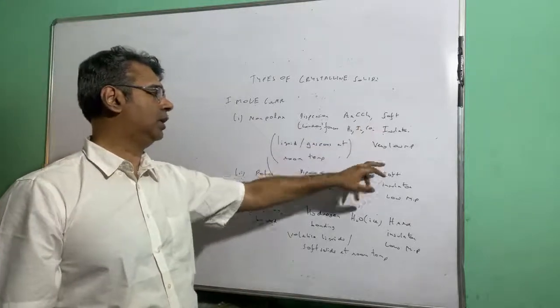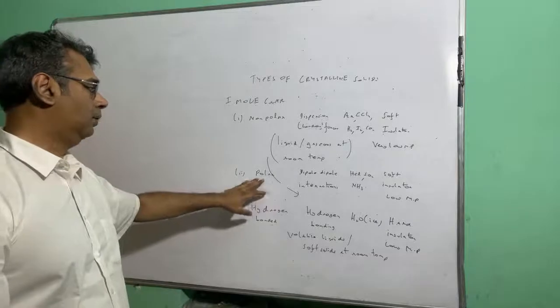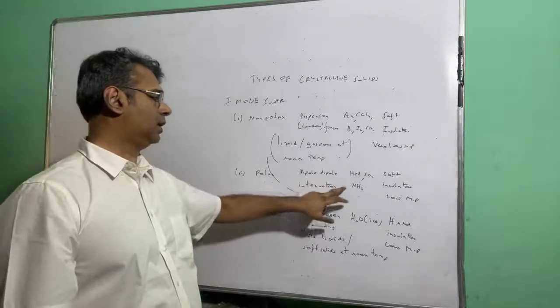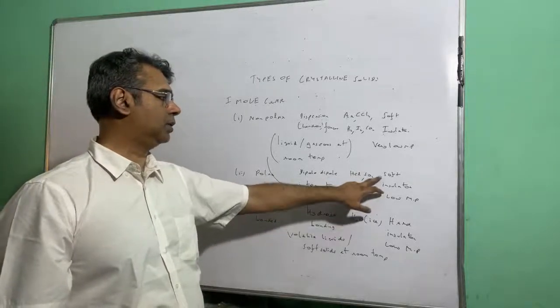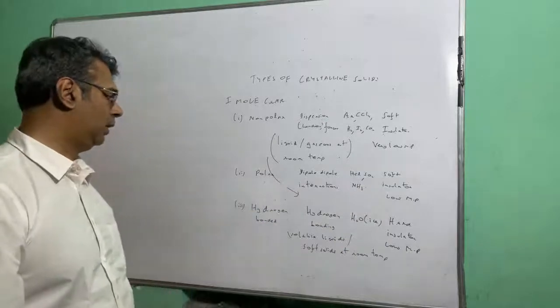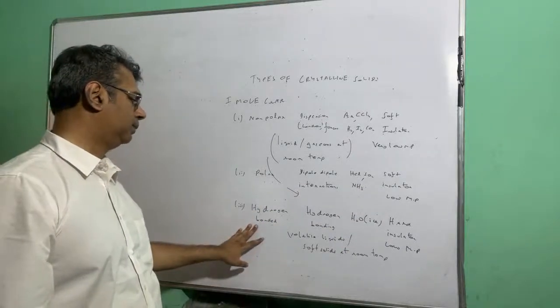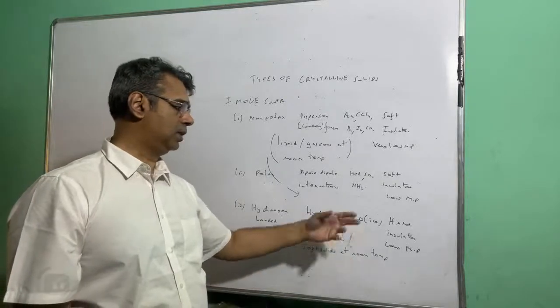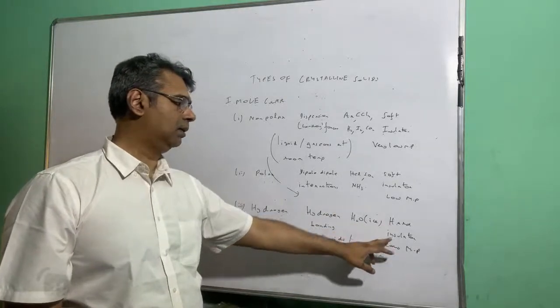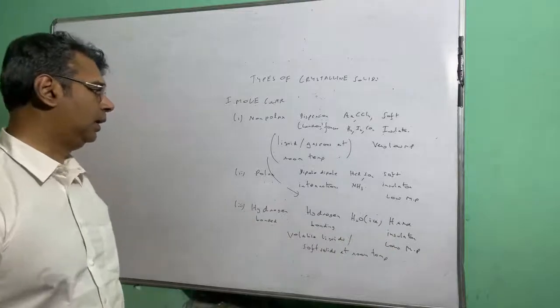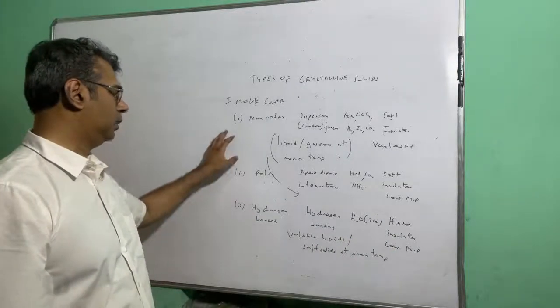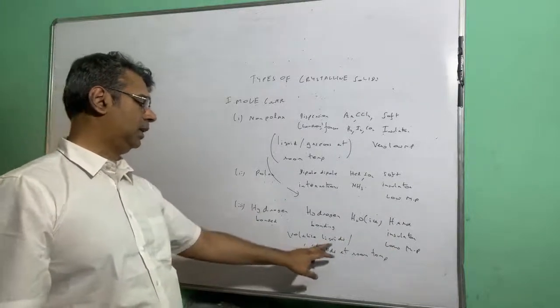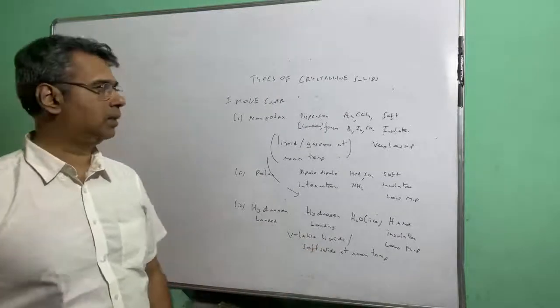They are soft, insulating with very low melting point. Polar has dipole-dipole interactions: HCl, SO2, ammonia. They are soft, insulating and low melting point. Hydrogen bonded has hydrogen bonding between them. Example is ice, which is chemically H2O. They are hard, but insulating with low melting point. As compared to non-polar and polar, they are volatile liquids or soft solids at room temperature.